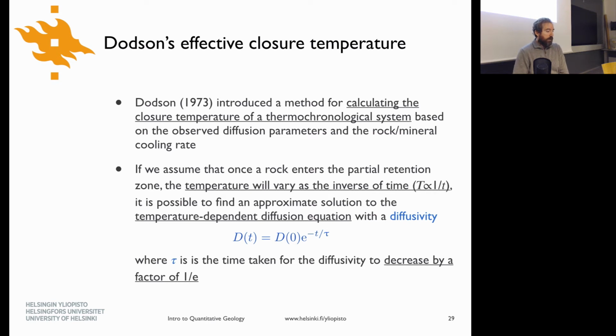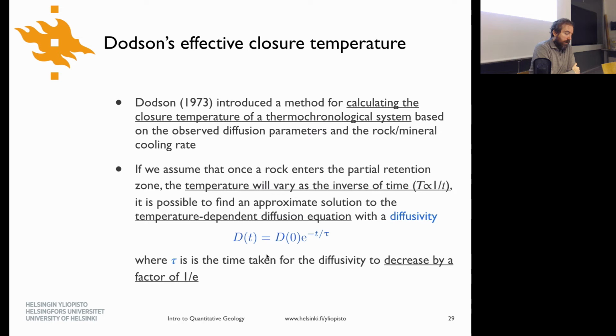So yeah, as mentioned already, we've seen this closure temperature idea. What was done in this paper when the idea was proposed in general was to basically come up with a way of directly calculating this closure temperature as a function of this temperature-dependent diffusivity. The math is shown here.